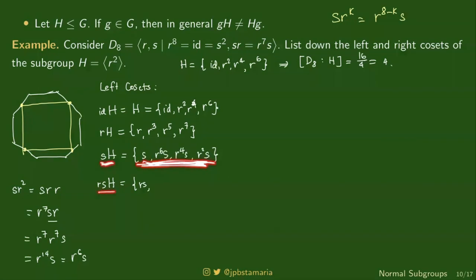So if you want an RSH, you just multiply each one of this by R. Ang lalabas RS, R to the 7S, R to the 5th S, R cubed S, and you're done. Makikita nyo, yan yung 16 na elements nung D sub 8. And they are partitioned into left cosets. Each one has 4 elements. Alright, so let's do the right cosets this time.